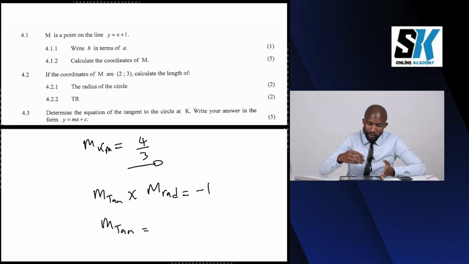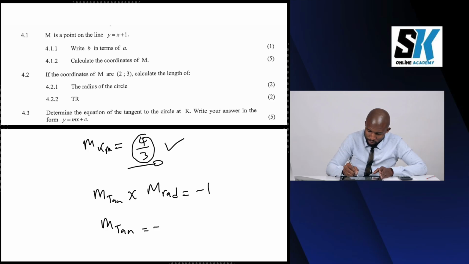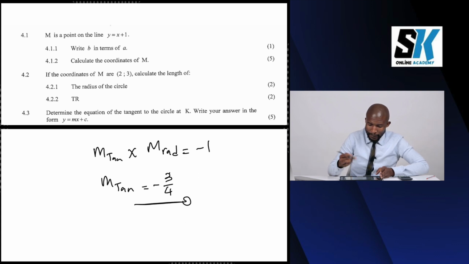The product of the gradient of the tangent times the gradient of the radius is minus 1. So you simply make an inverse. Firstly, you make the opposite sign. That gradient is positive, so this one has to be a negative gradient. And then you swap the values, so you're going to have negative 3 over 4. So that's the gradient of that tangent.